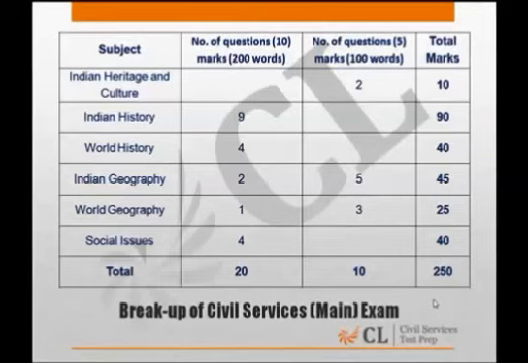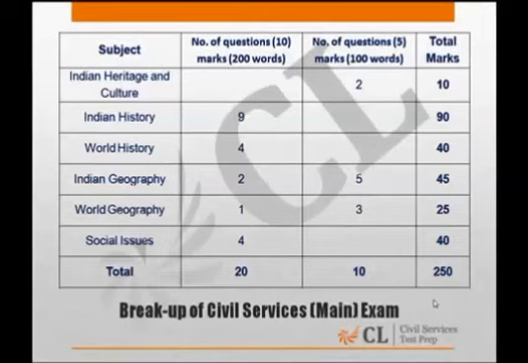Thus total marks for Indian geography are 45. World geography: 1 question of 200 words, 10 marks, and 3 questions of 100 words, 5 marks each. Thus, world geography is of 25 marks in total, and social issues 4 questions of 10 marks.